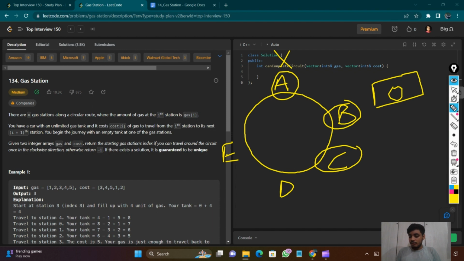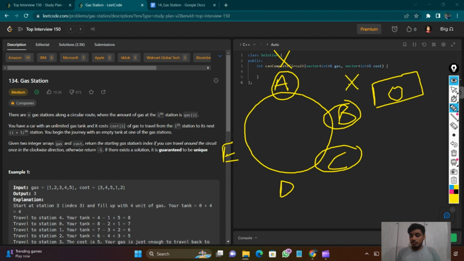When it is minimum, which is 0, it is similar to the situation where you are starting from B, because when you are starting from any station, the starting gas in your car is 0. So you can assume that it is similar to starting from B. So B is also not our solution.